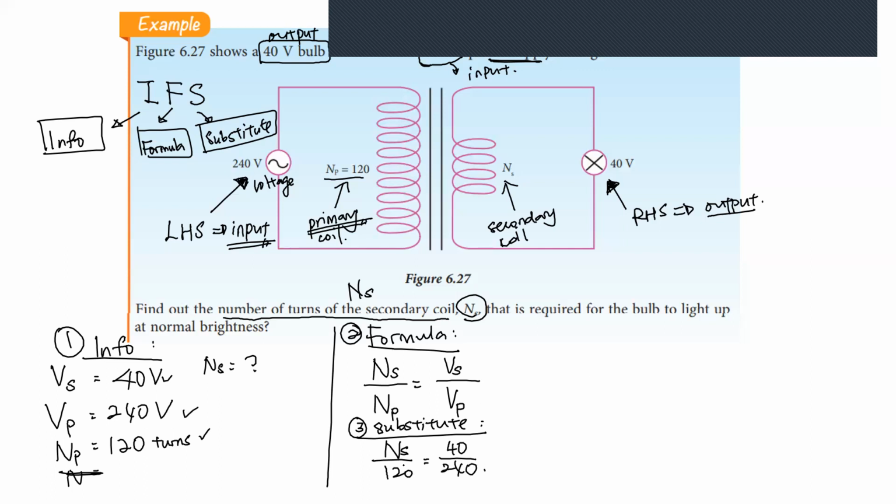Once you have done, you can just bring the 120 up, just cross multiply. So Ns equals 40 over 240 times 120. Then just press your calculator and you can get the answer. Or if you want, you can simplify them. 20 turns.